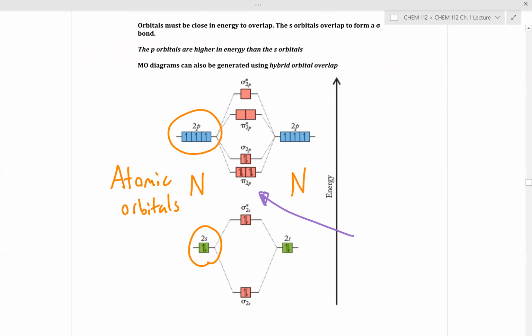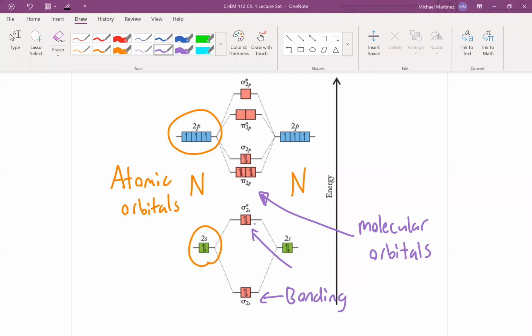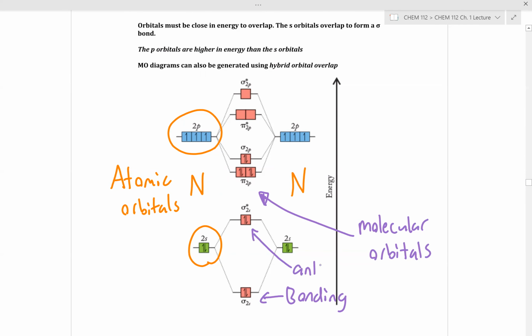So these new orbitals that we formed are molecular orbitals. As we have discussed previously, when we overlap our s orbitals, we can form a sigma bonding orbital. And we also form an anti-bonding orbital. So we have a bonding, and let me use a different color for this, an anti-bonding.